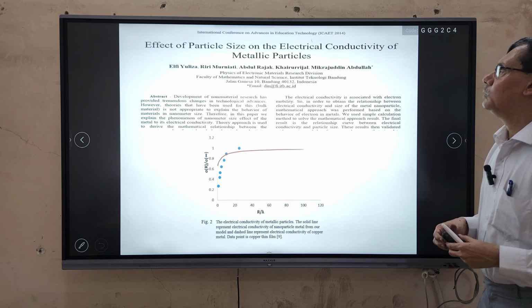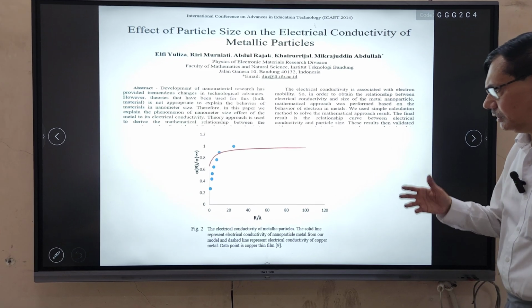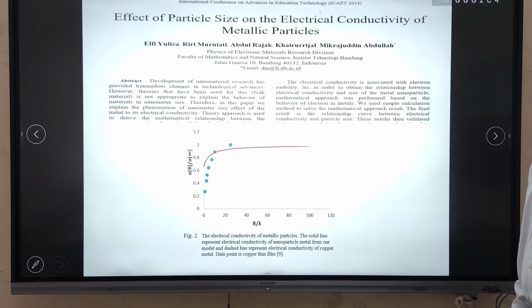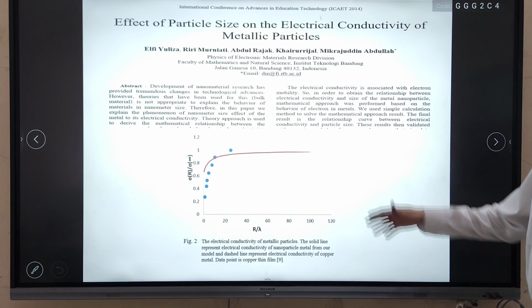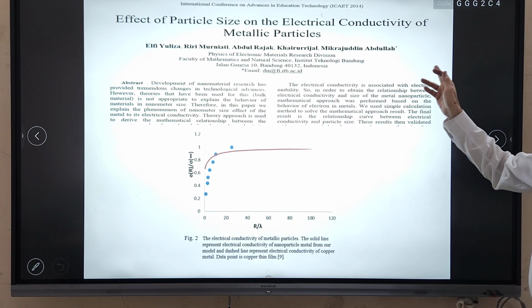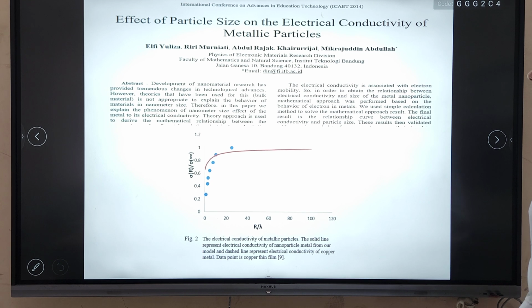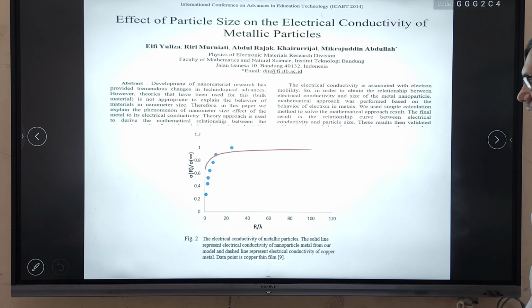As I told you, a large number of important studies are available in the literature. I am taking one example of the effect of particle size on the electrical conductivity of metallic nanoparticles, published in the International Conference on Advancing Education Technology.